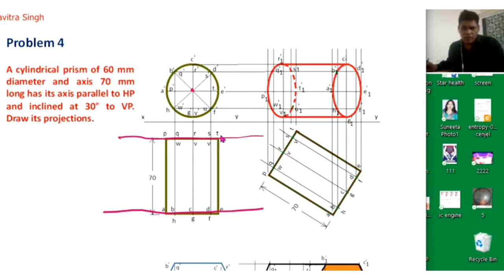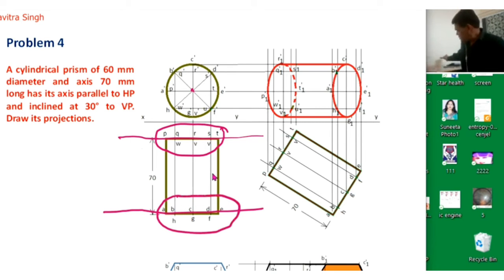So actually we will draw the projection of one surface, means this is the bottom surface, and another is the top surface, because this cylinder has a bottom surface and a top surface, okay. So we have selected this height equal to 70 mm, and this is one surface and this is another surface. For the first surface we have taken P, Q, R, S, T, U, V, W as points, and similarly for the other surface.